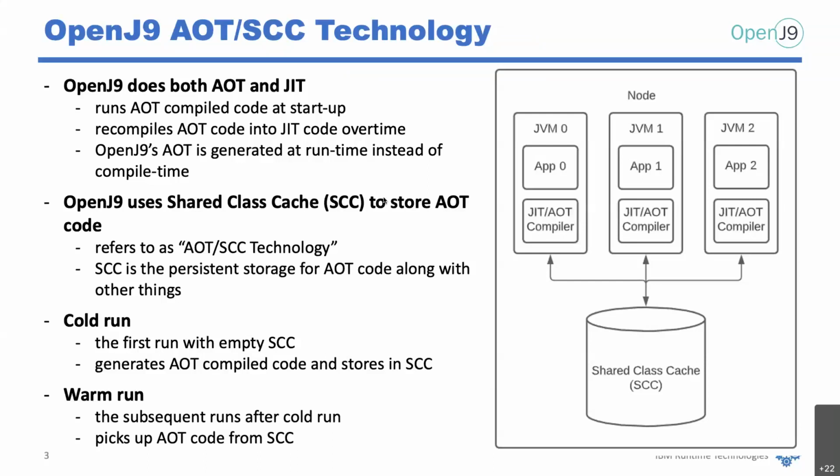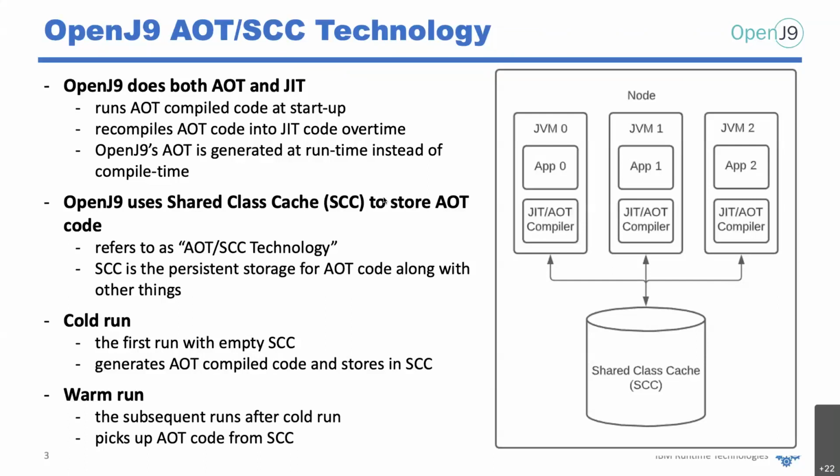If you see the figure on the right, we have 3 instances of the JVM on one node. Let's say JVM 0 started the earliest, so it will be the cold run. It starts up and the AOT compiler fills up the SCC with AOT compiled code.